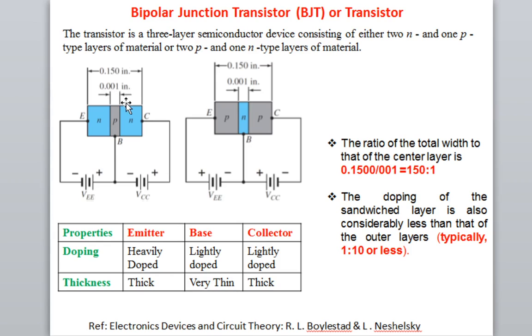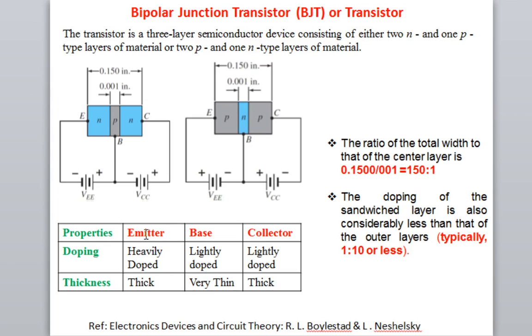The ratio of the whole transistor to the base thickness should always be equal to 150 by 1. This ratio should be followed. The ratio of the total width of the transistor to that of the center layer should always be 150 by 1. This is the prescribed international format for designing a transistor.